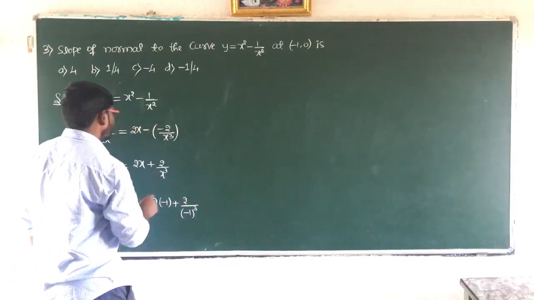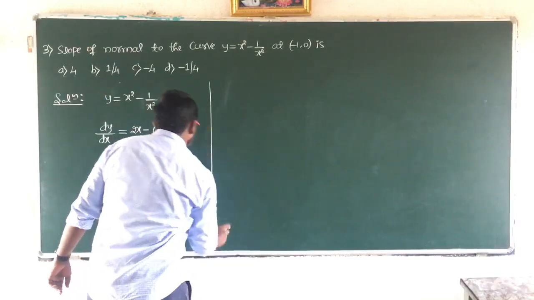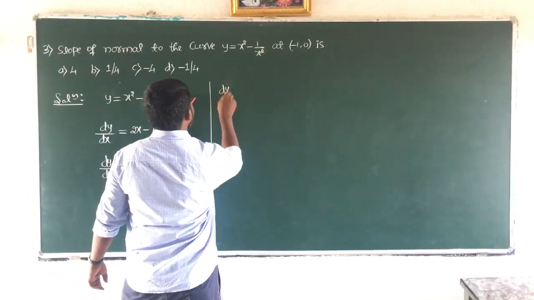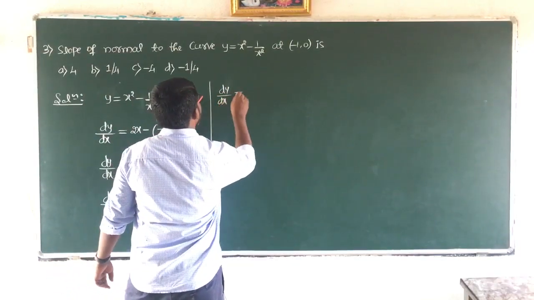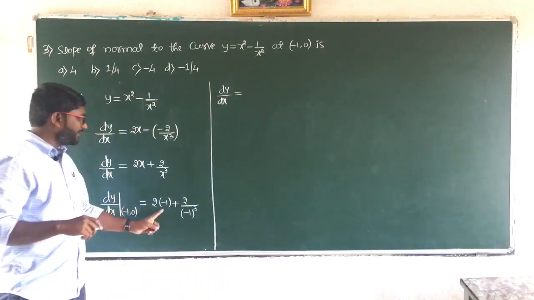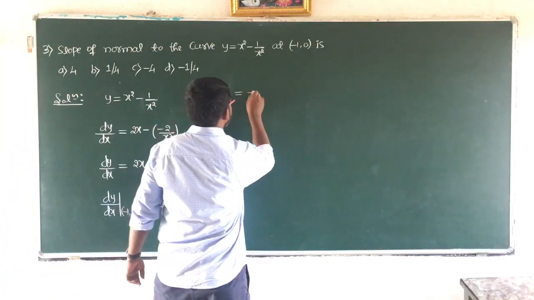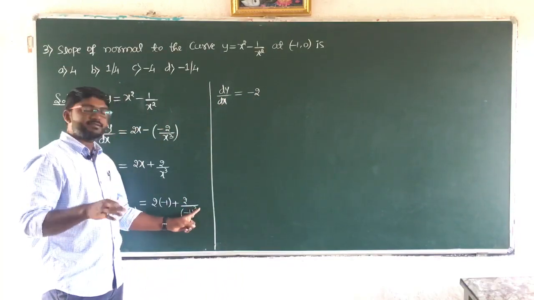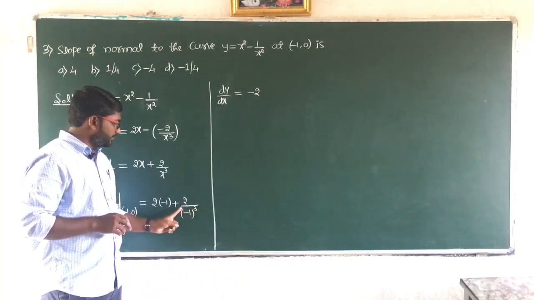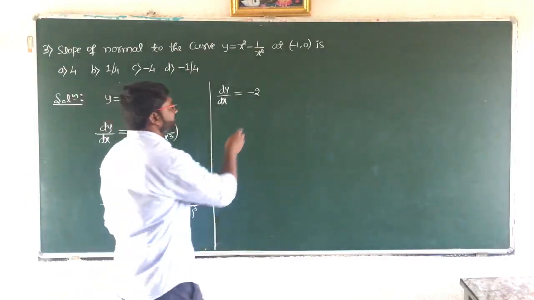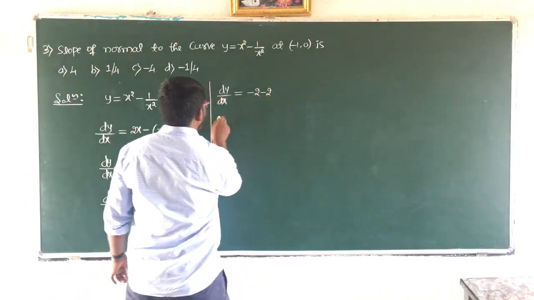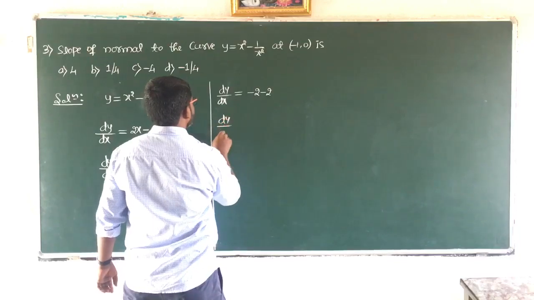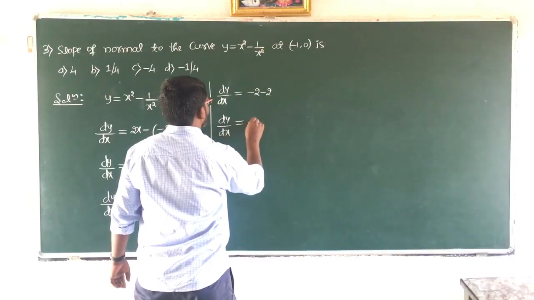So now dy by dx is equal to, 2 into minus 1 is minus 2. Then minus 1 the whole cube is always minus 1. So plus by minus is minus. So we get minus 2. So now dy by dx is equal to minus 4.